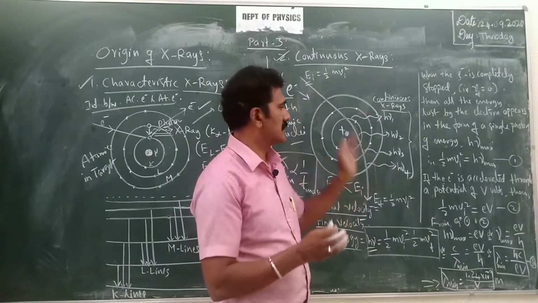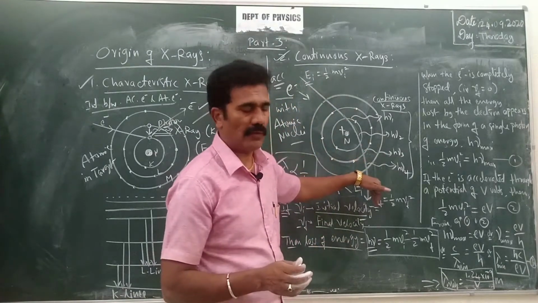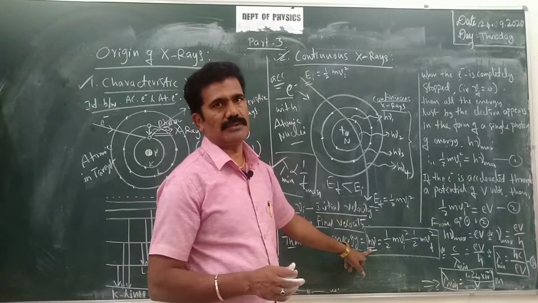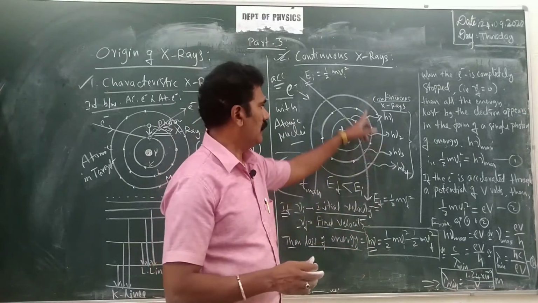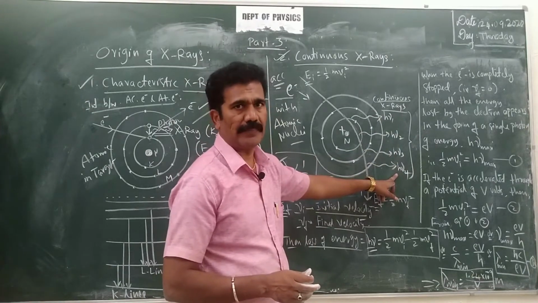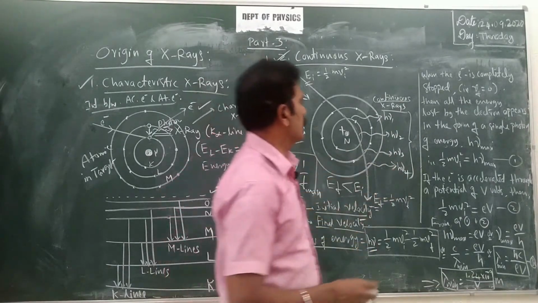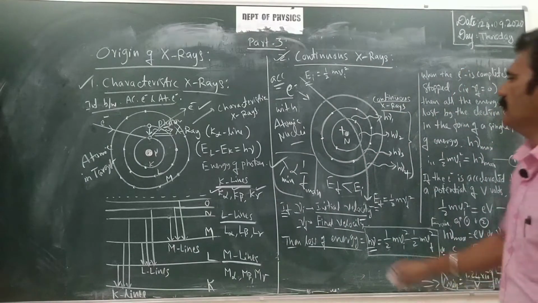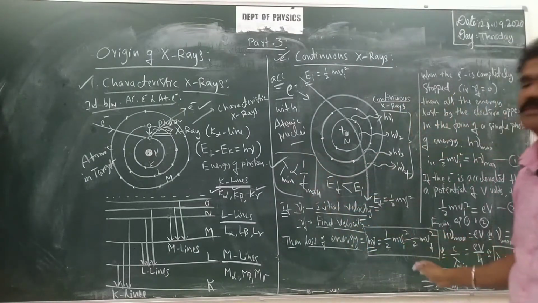Only part of the energy is lost while it is interacting. So that difference of energy is the energy of the photon, h nu. Clear? Like that we have various photons, h nu 1, h nu 2, h nu 3, h nu 4, etc.